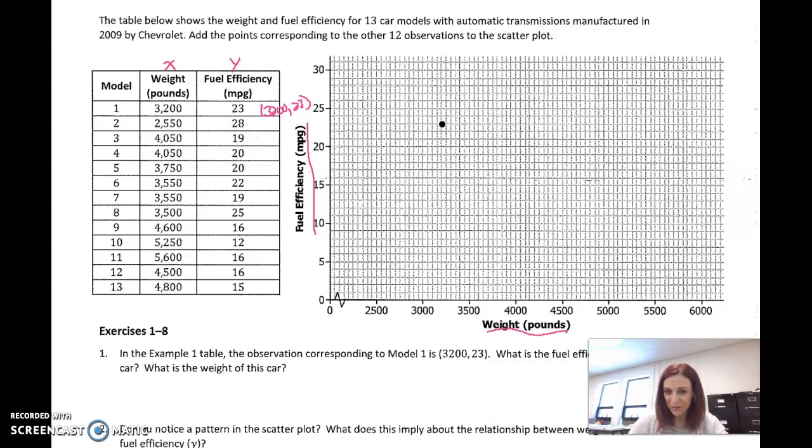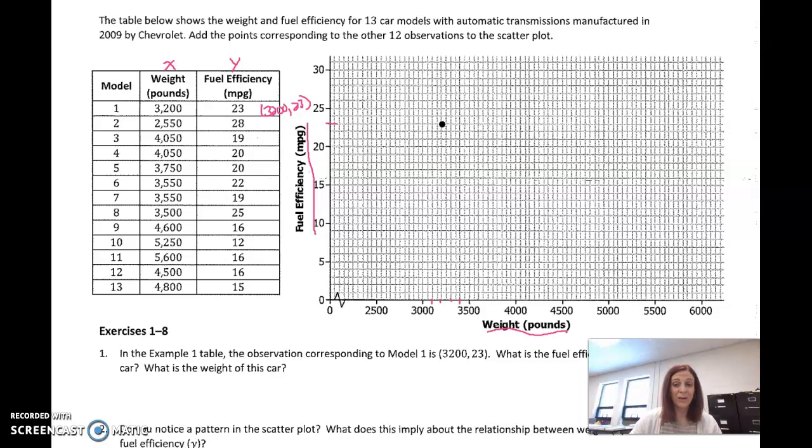Every other line is like 100. So 32, follow that up here to 23. That's right here. That's this point here.